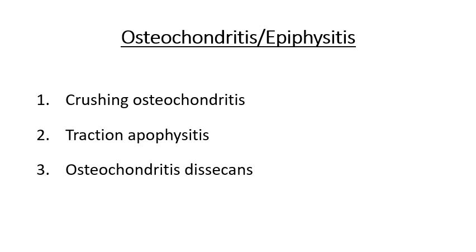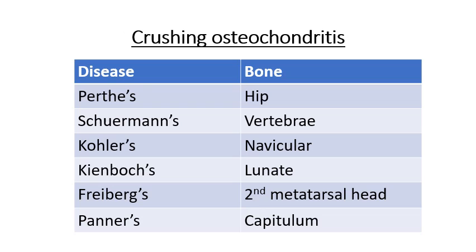Osteochondritis or epiphysitis is usually seen in young children. There are different types: crushing osteochondritis, traction apophysitis, and osteochondritis dissecans. Crushing osteochondritis types include Perthes disease, which is important and can come up in the exam.